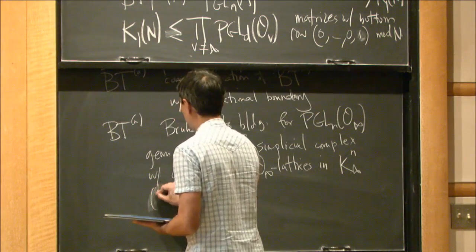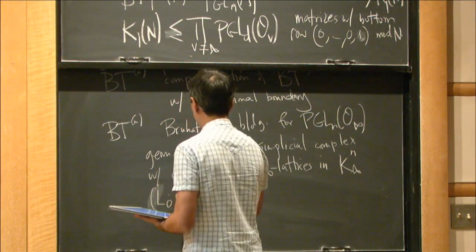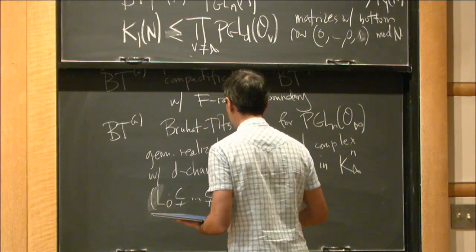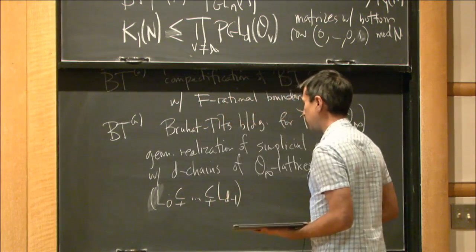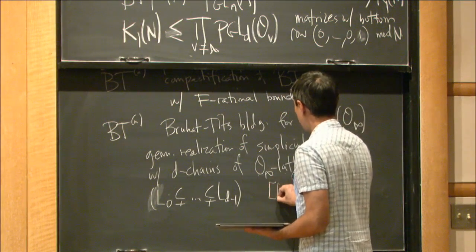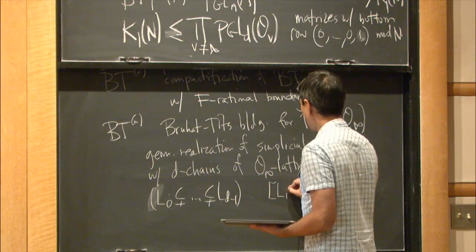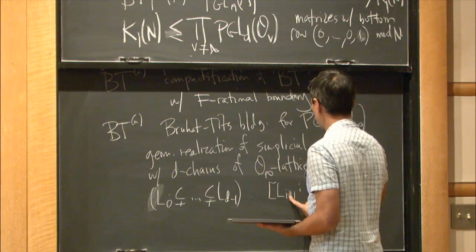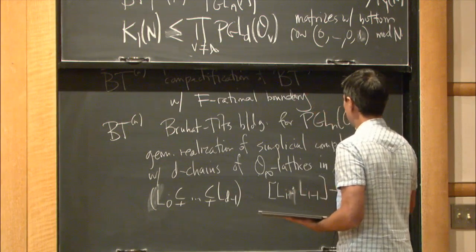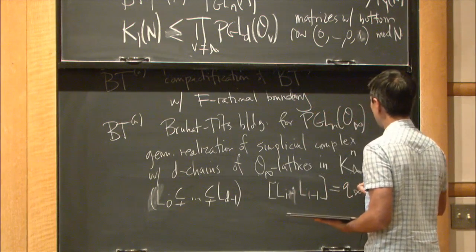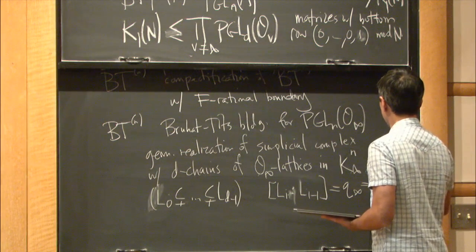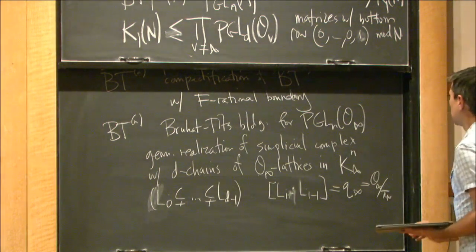What I mean is you take a chain of lattices L_0 to L_{d-1}, and these are full rank lattices, and you want the index of L_i and L_{i-1} to be q_infinity, the order of the residue field O_infinity mod the uniformizer, which I'll call pi_infinity.